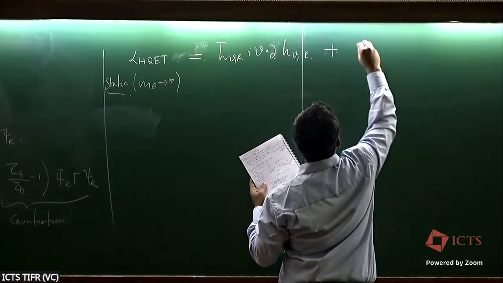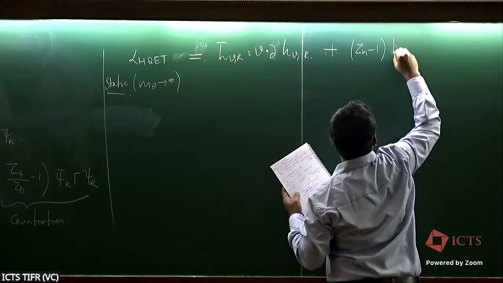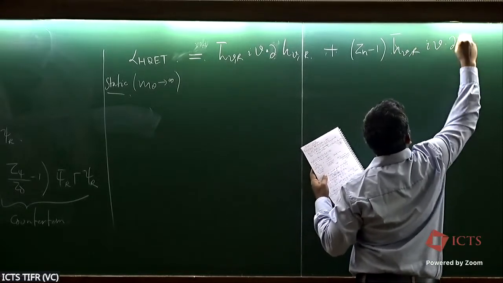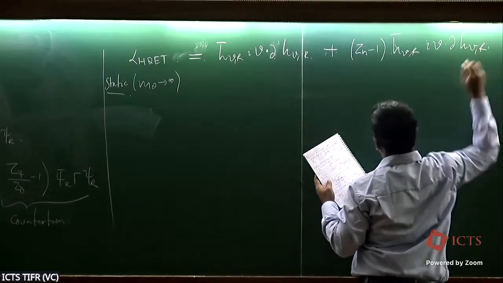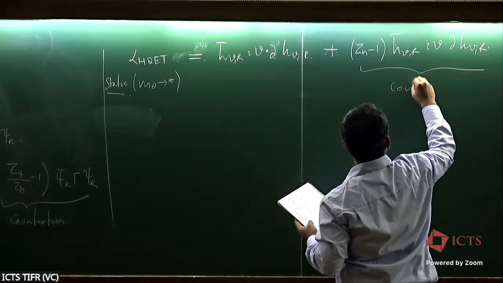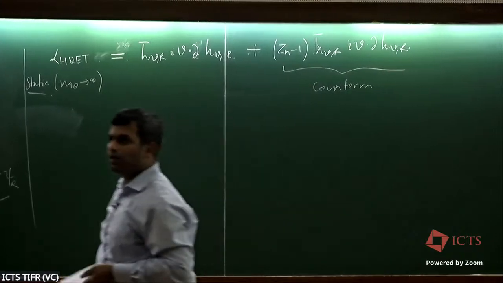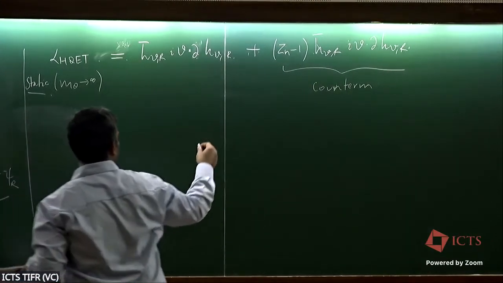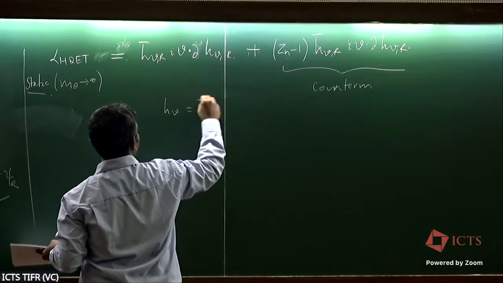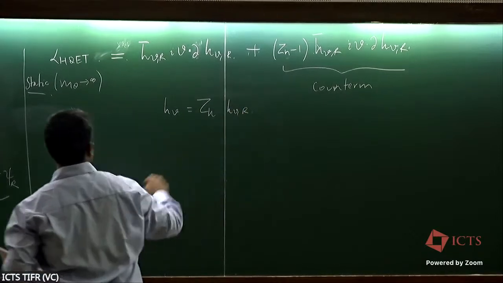It's ZH minus 1 times H_v i v dot del H_v. So this will define my counter term to cancel the ZH. And as I already showed you, the relation is that H_v is ZH to the power 1/2 times H_v renormalized.